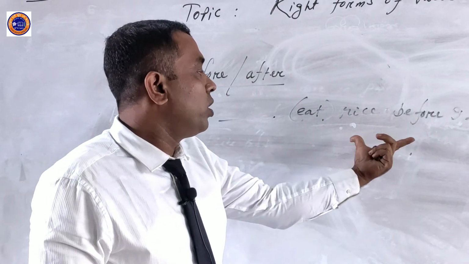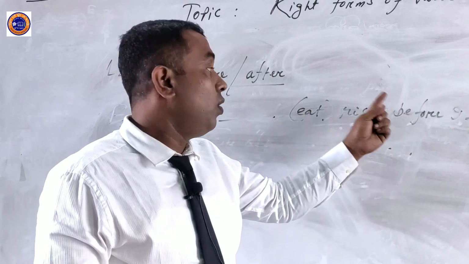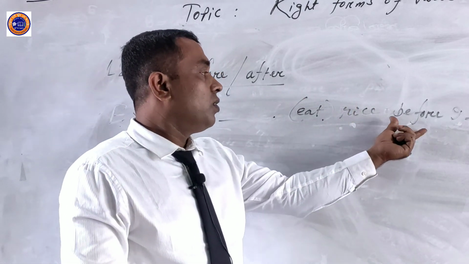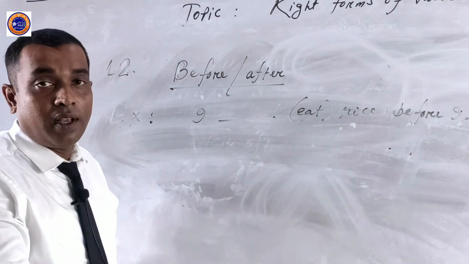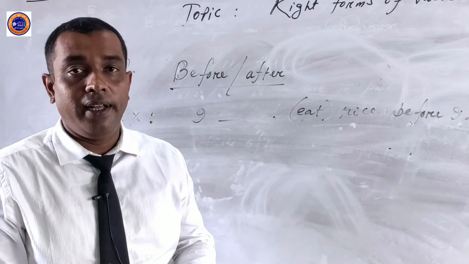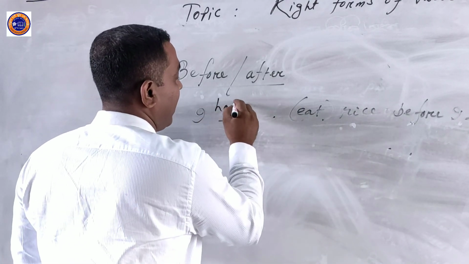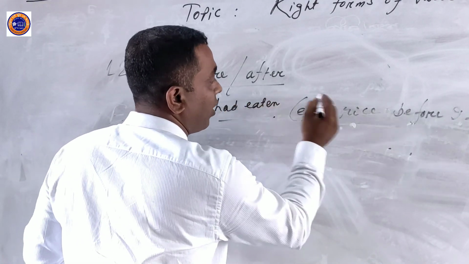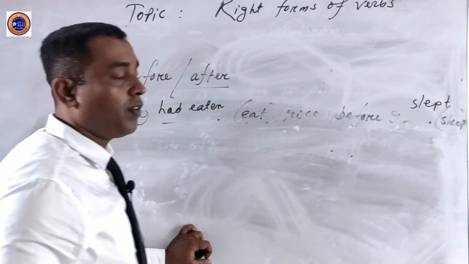Here two clauses are joined by the word before. So what was our rule? If two clauses are joined with before, then the first clause will be past perfect and the second clause will be past indefinite. So: I had eaten rice before I slept.